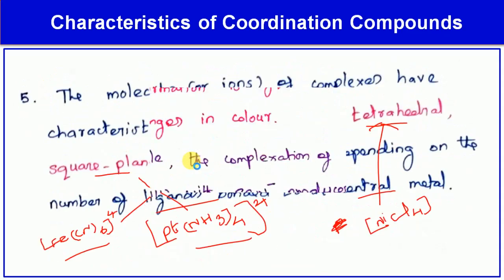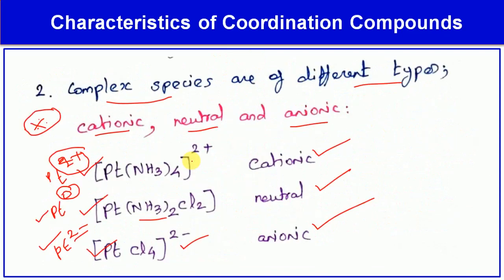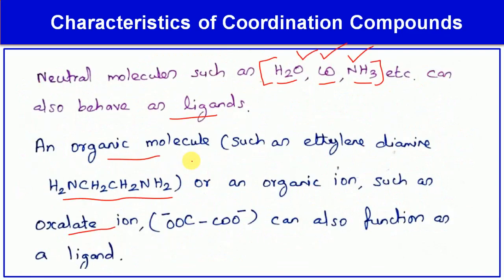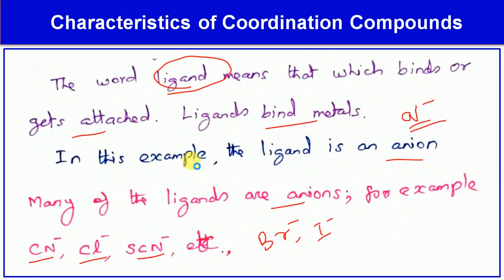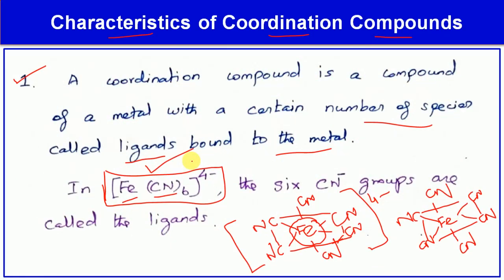So simply, I can explain them one by one in a very simple way. The first point: a coordination compound is a compound of a metal with a certain number of species called ligands bound to the metal.